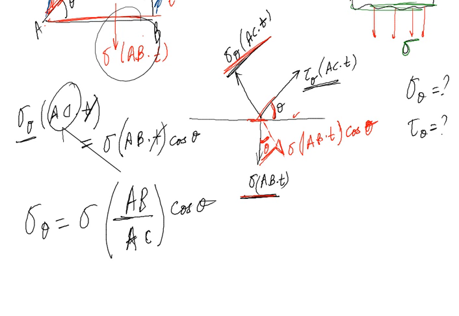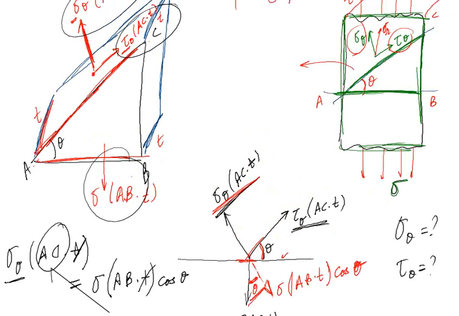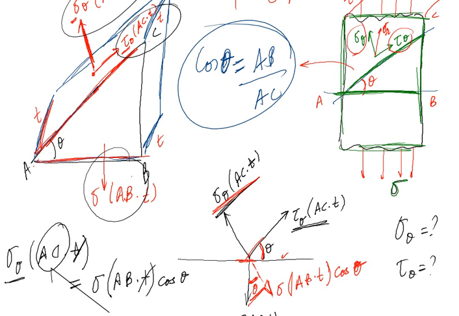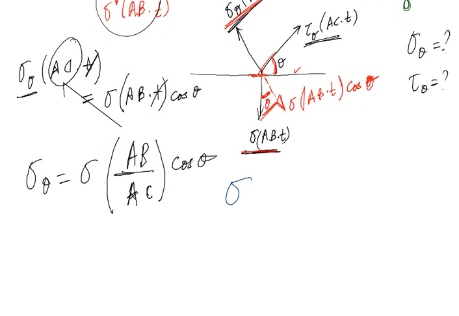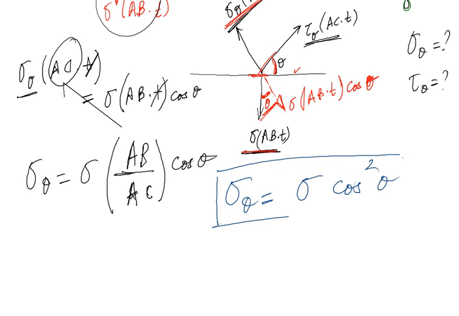Now if you look at this triangle, you have AB, that is the base, upon the hypotenuse. So cos theta is AB upon AC. If I substitute the value of cos theta in this equation, the value of sigma theta would come out to be sigma cos square theta. So this is one value that we were hoping to find out.